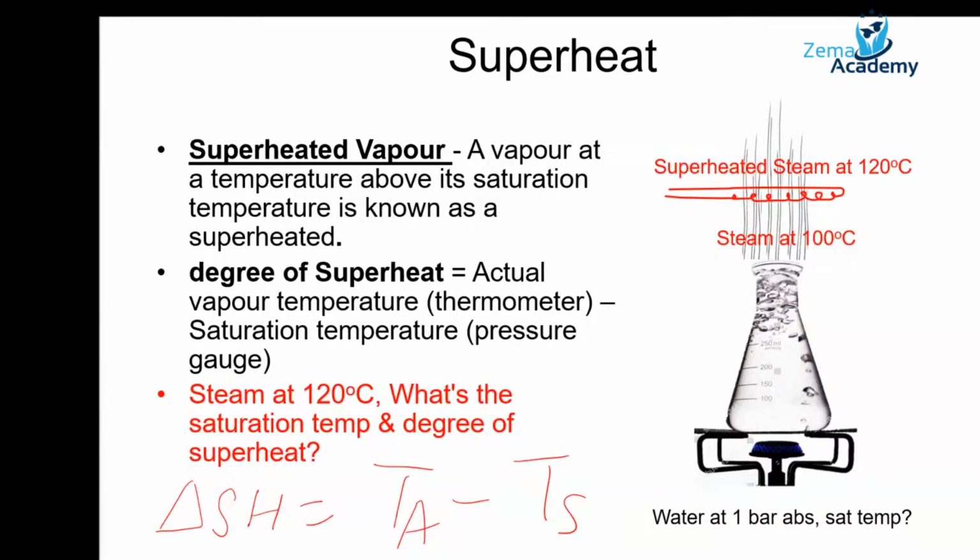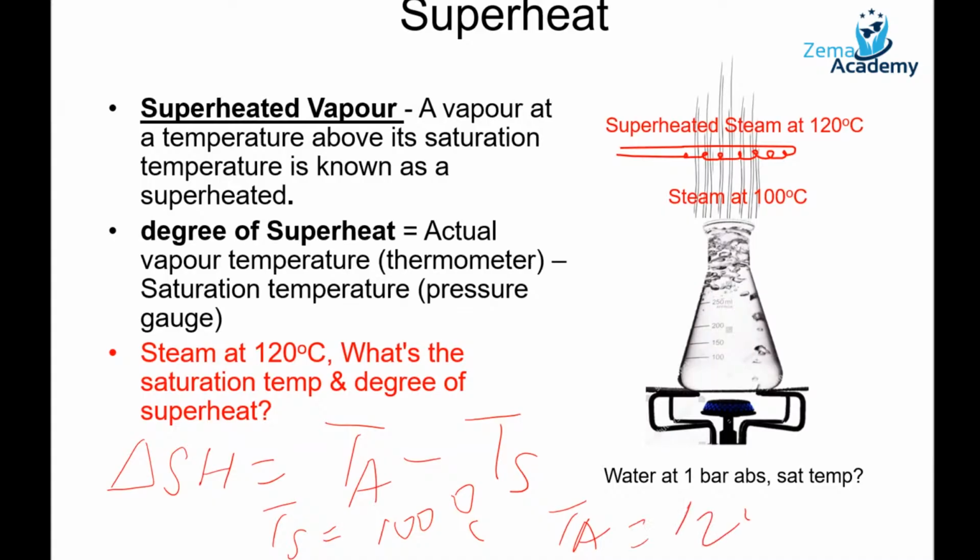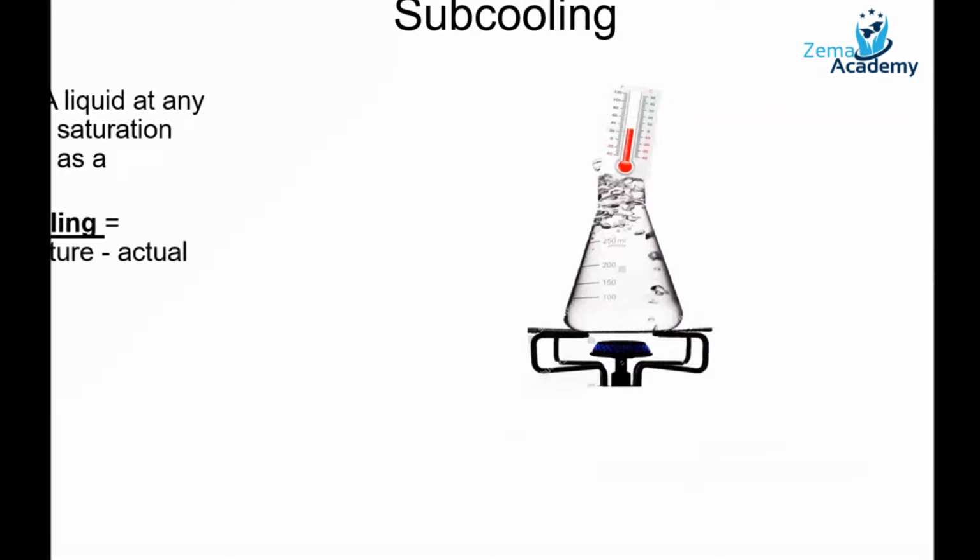Of course, the steam is at 100 degrees C and the superheated steam temperature is 120 degrees C. What is the saturation temperature and what is the degree of superheat? T actual is 120 degrees C, and therefore the degree of superheat is 120 minus 100, which is 20 degrees C. So superheat, again, we will use it when we define our PH chart, where our superheat region lies. And the next one, similar to superheat, is subcooling.